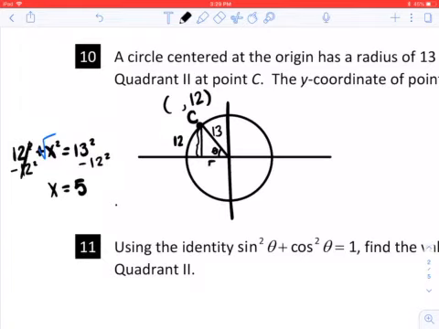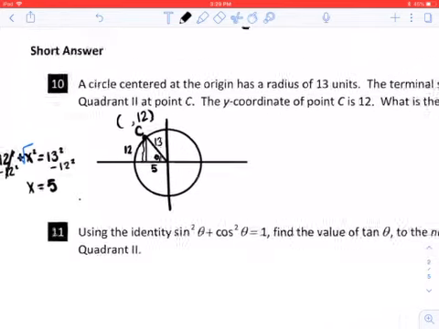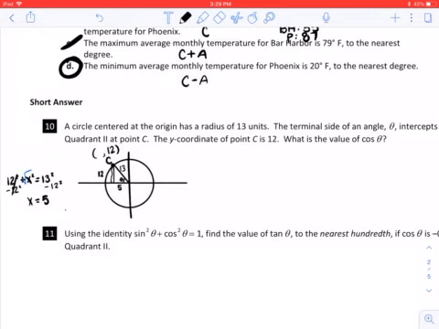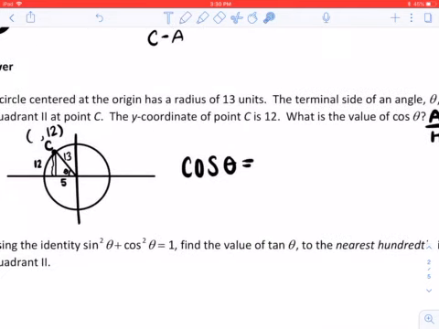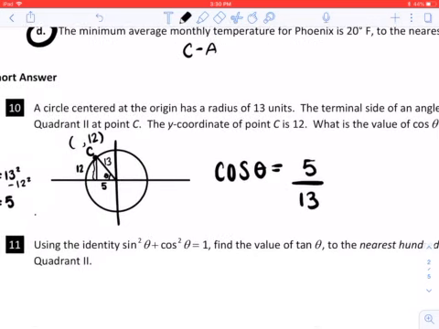So if I want the value of cosine, cosine is adjacent over hypotenuse. So cosine of theta equals next to my angle, which we just found is 5, over the hypotenuse, which is the 13, but now I just have to pay attention to what quadrant I'm in.